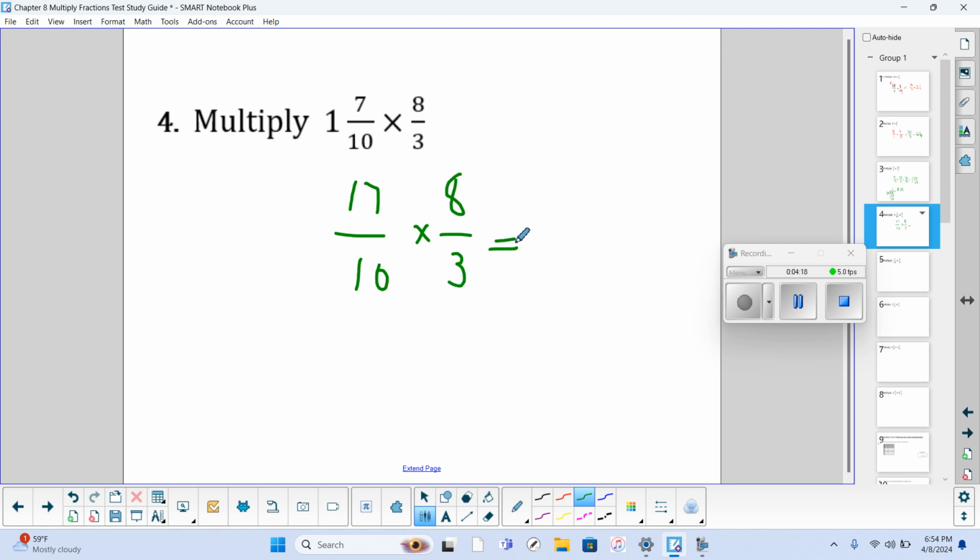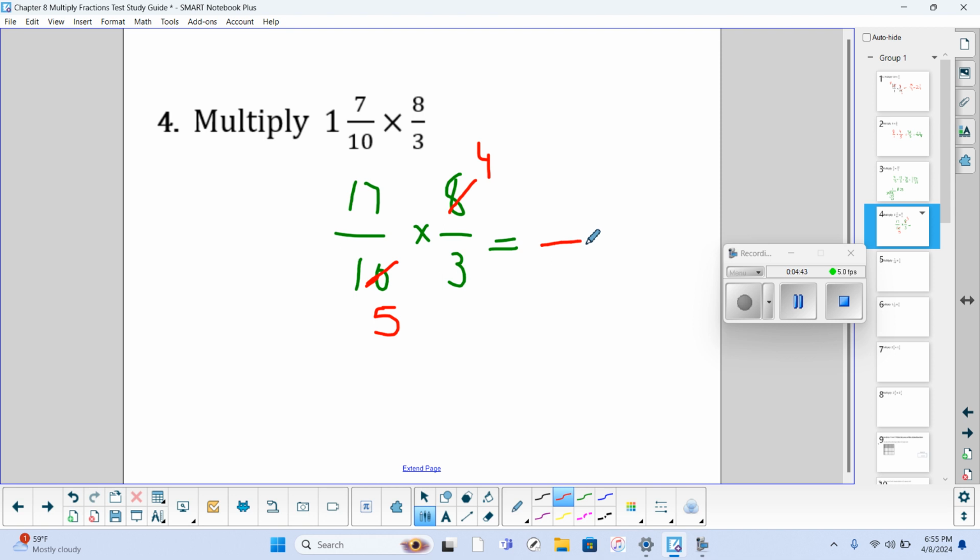And before I multiply, I want to see if there's anything I can simplify. Well, 17 is a prime number, so nothing's going to go into both 17 and 3 or 17 and 10. But I see 8 and 10, they're both even, so I know 2 is going to go into them. 2 is going to go into 8 4 times. 2 is going to go into 10 5 times.